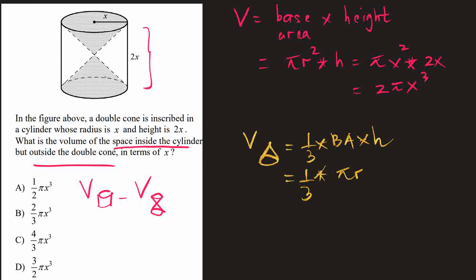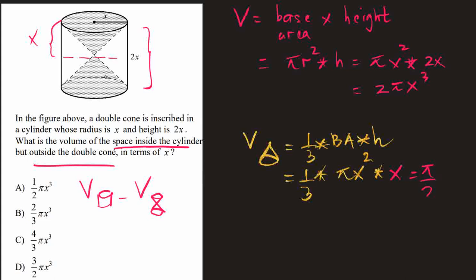In this case it is pi x squared, times the height. Because of the 2 cones, we take this one height, which is half of 2x, which is x. So from here to here is x.